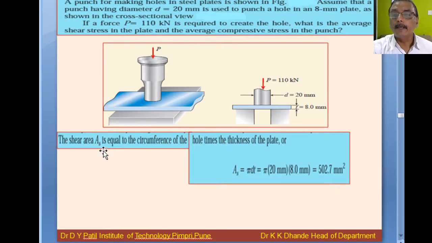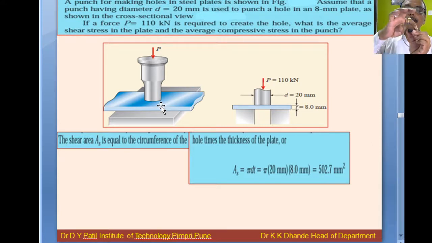The shear area is equal to the circumference of the hole times the thickness of the plate. This is the area that will be sheared off here. This is the circumference of that punch hole, and this is the thickness of the plate.